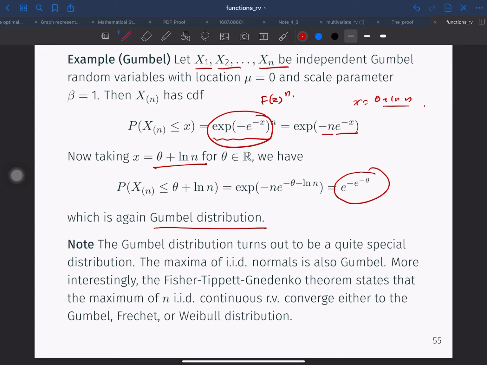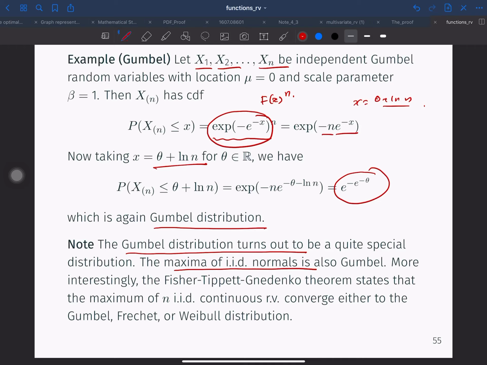So the maximum of a bunch of Gumbels is Gumbel. The maximum of a bunch of exponentials is Gumbel. So it turns out the Gumbel is a quite special distribution. It turns out that the maximum of independent normals is also a Gumbel.